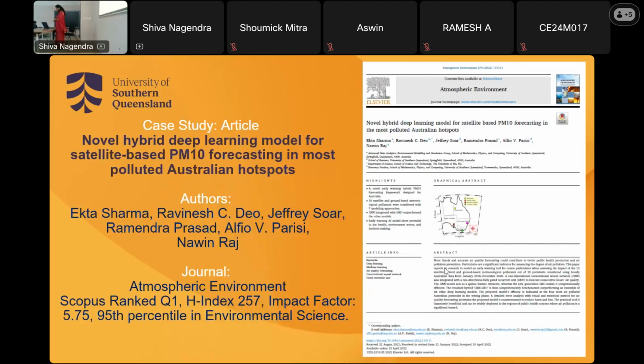The case study is based on a deep learning model. There was no ground monitoring data for this case study, and we studied only particulate matter, particle pollution, in 4 main hotspots, and we used machine learning to forecast the air quality for the next hour.